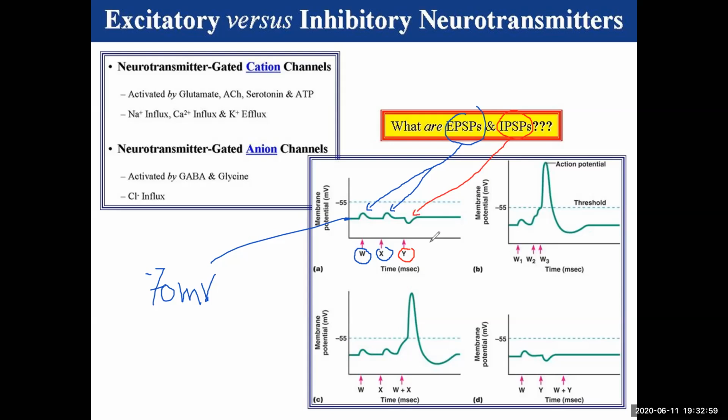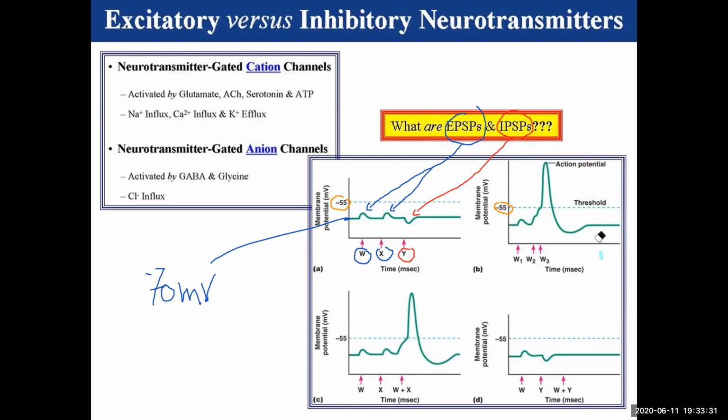This is an IPSP. So it goes farther away from the threshold potential. And this minus 55 number here is the threshold potential. So that's the requirement. You need to get to threshold potential before the axon hillock fires an action potential.